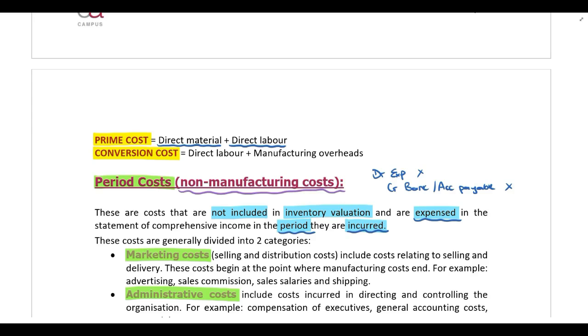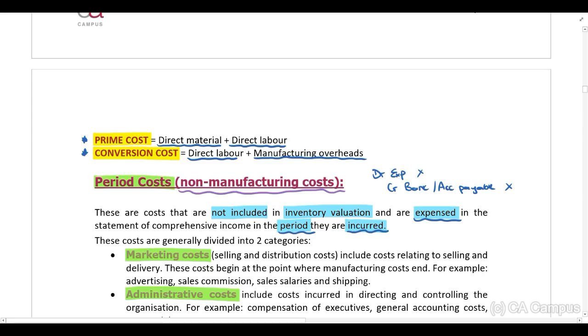It is the cost to convert the raw material into a finished product. So how do we convert our raw material, or in other words, the denim, into a pair of jeans? We need to incur labor costs and manufacturing overhead costs in order to convert the denim into a pair of jeans. So please make sure you understand this important terminology over here, just in case that is asked.